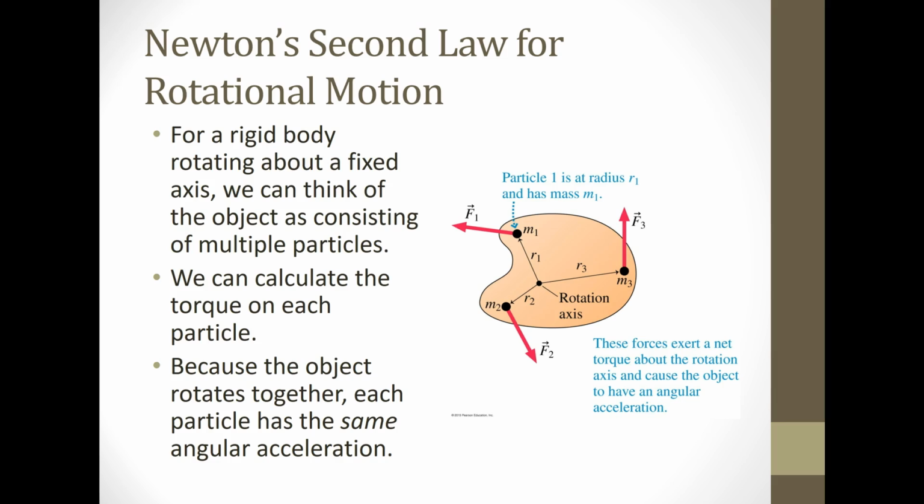The important thing to note is because we're looking at rigid bodies, the whole object is going to move together. Every point on that object is not only going to have the same angular velocity, but also angular acceleration, because they're going to rotate together.